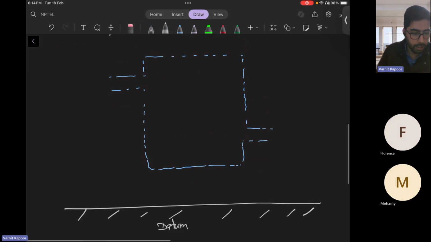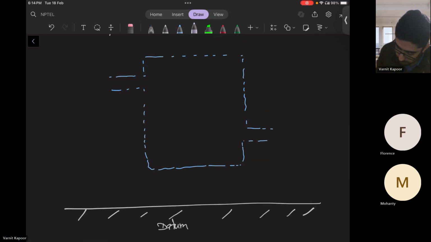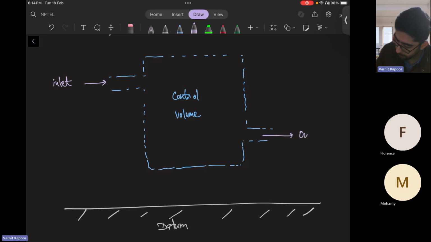This is your inlet to the control volume, this is your control volume, and this is your outlet.